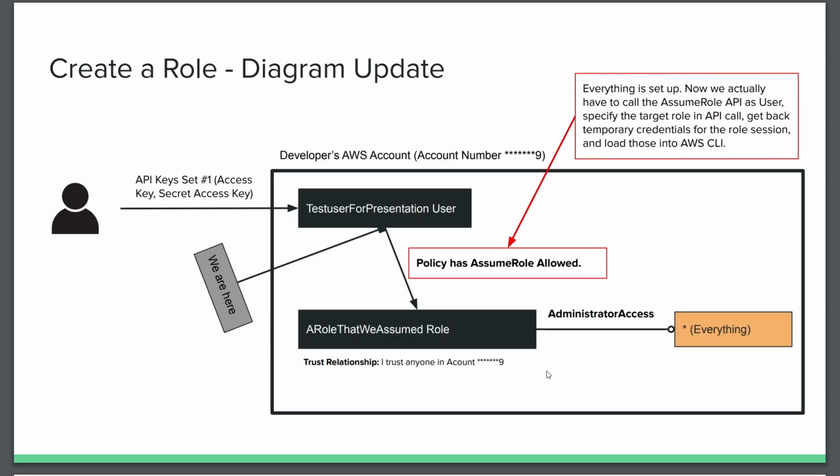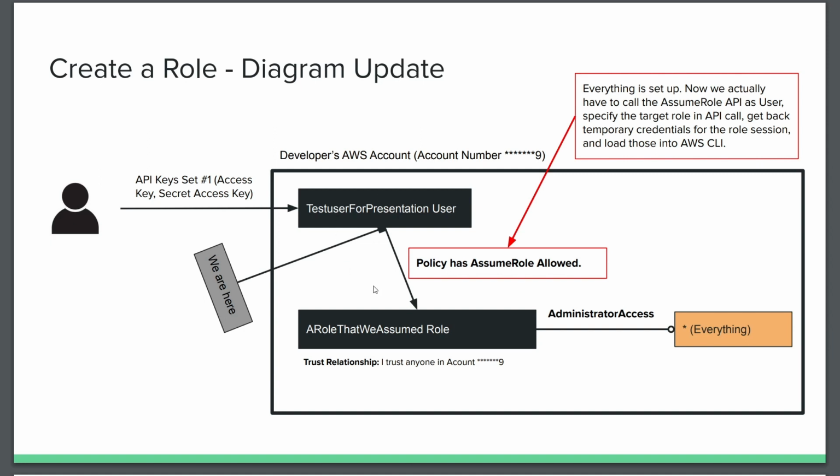Okay, looking at our diagram update here, we basically have our user we created, and our API keys for that user. We're the user at the moment. Our user has a policy that has assume role allowed. And we know that this role exists, and this role trusts anyone in this account.